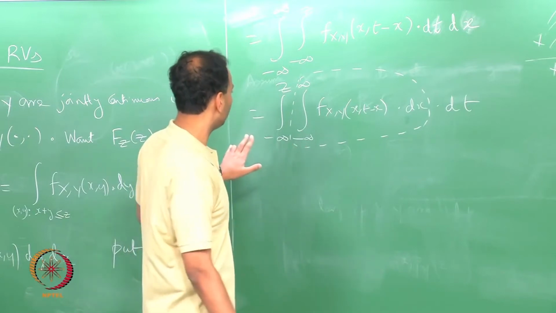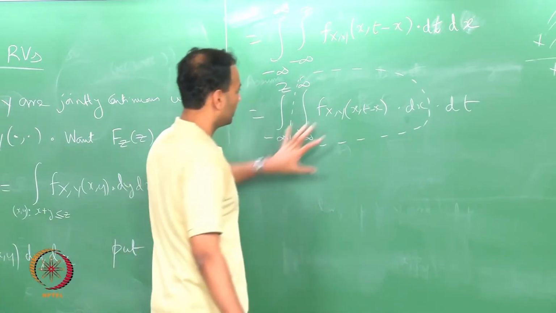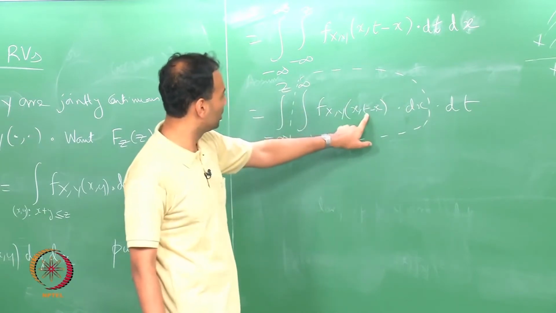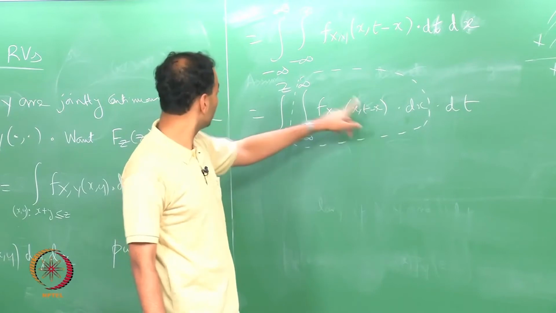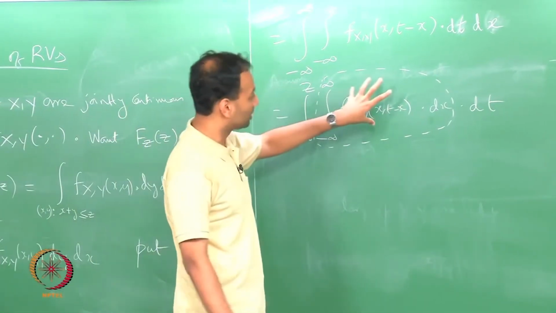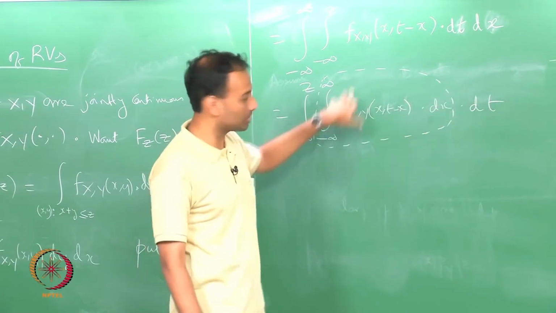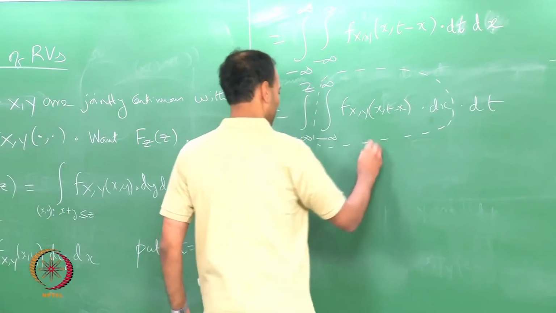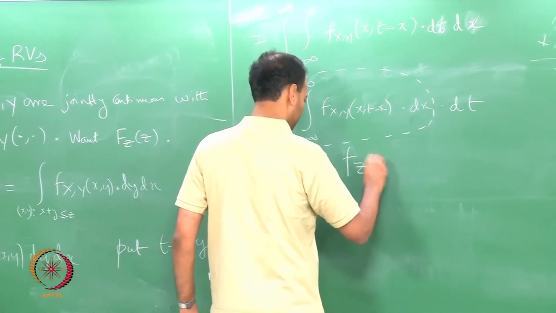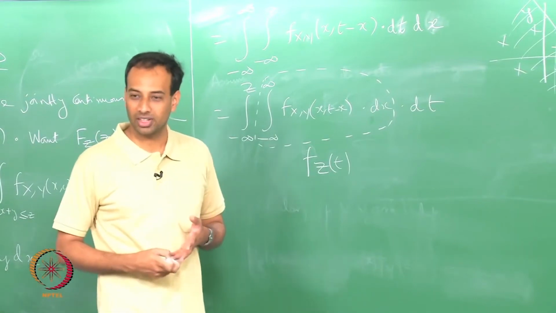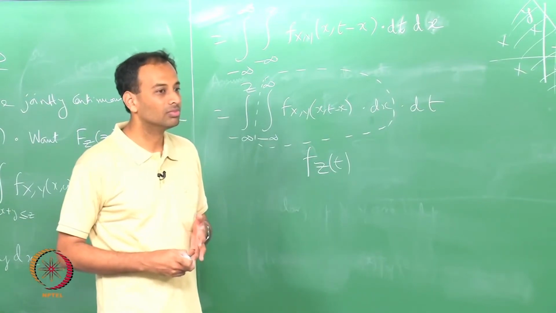I will have something that looks like a density, some non-negative measurable function of t, and I am saying that the CDF can be written as the integral from minus infinity to z of some function of t dt, which means this must be the density of z, which automatically proves that z must be a continuous random variable, correct?